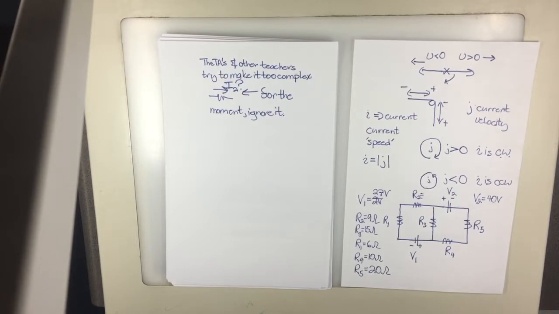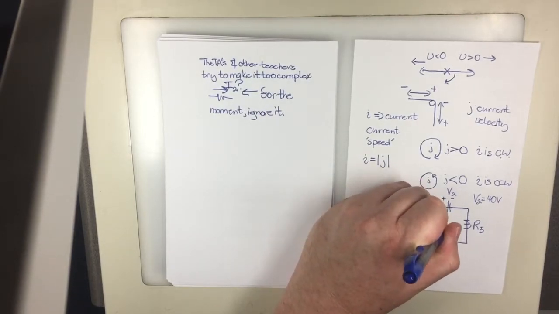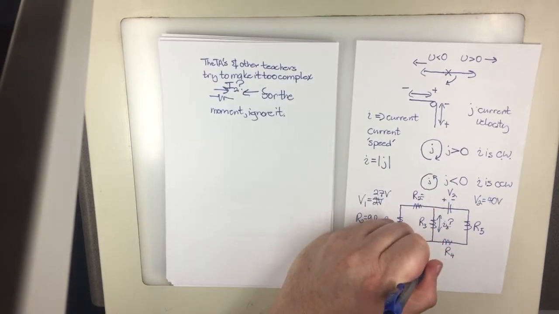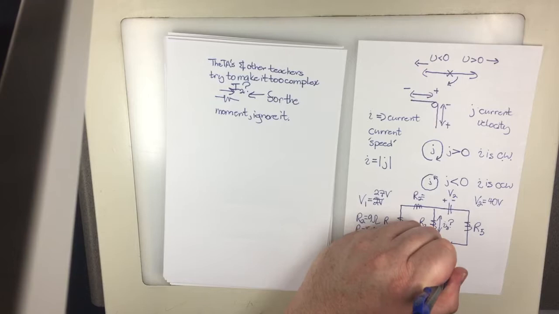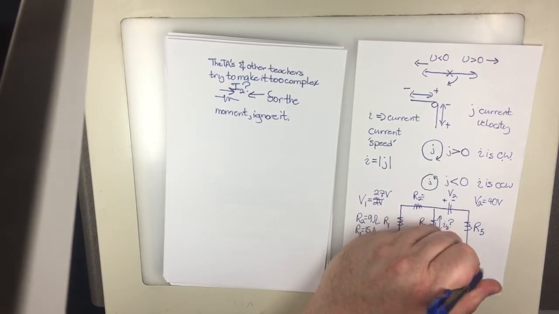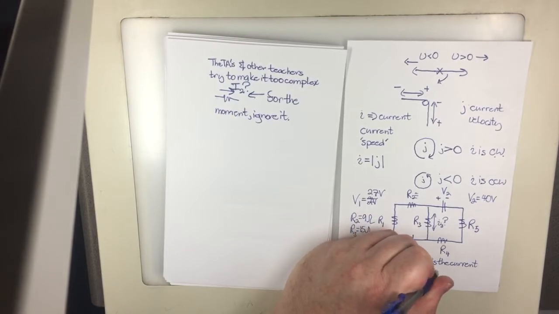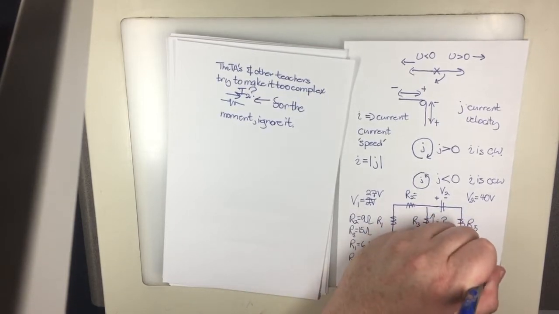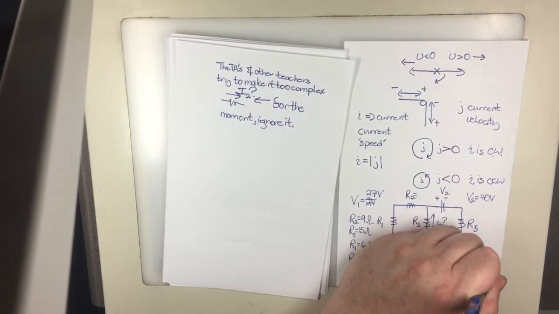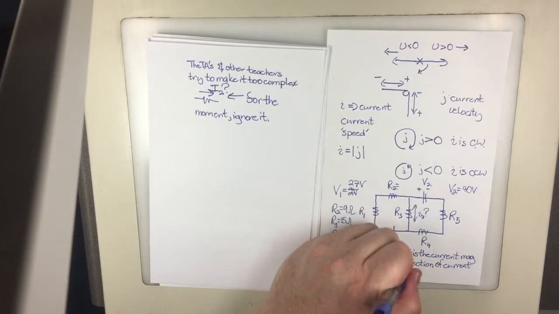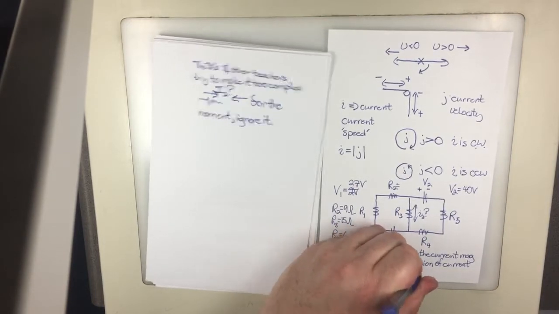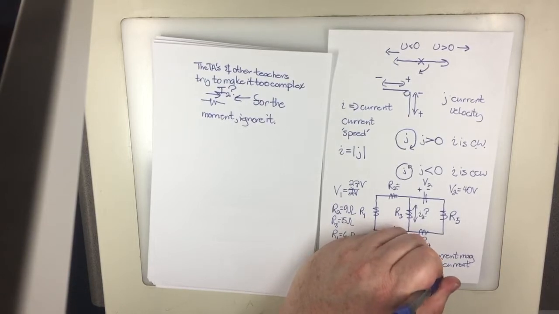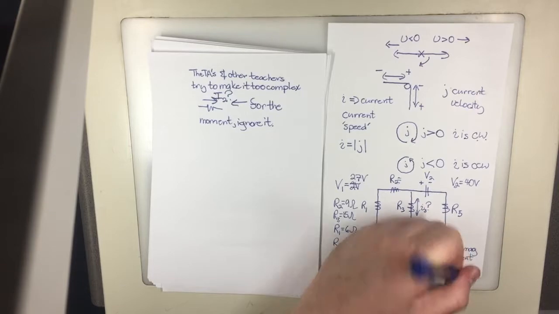So I've given you all these resistor values, I've given you the two batteries, and really the big question, the one that will be asked on the test, is: what is the current magnitude and direction of current passing through R3?